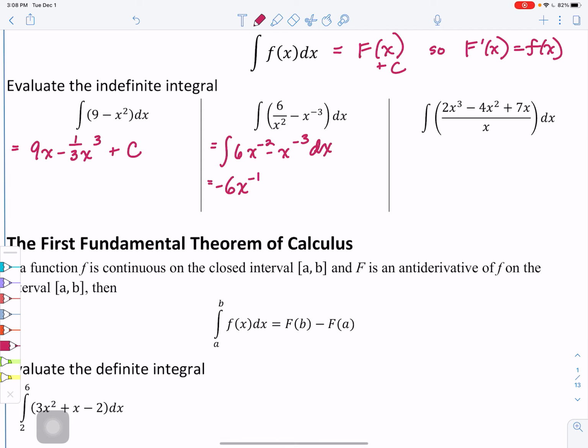There is no constant of integration with definite integrals because there's no formula. We are definitely integrating. We want the area between 2 and 6 here, so there's no reason.